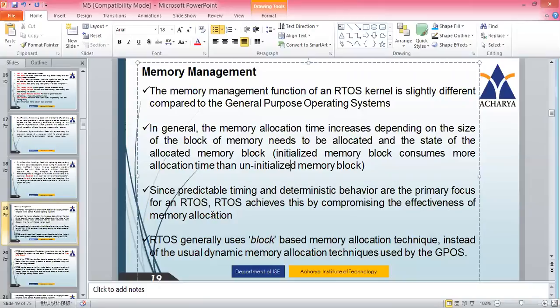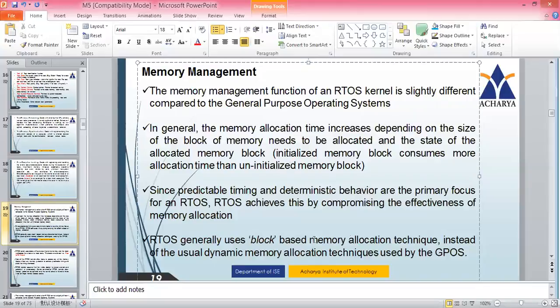Somewhere at this point of time, that process should be dumped. Whether it is an appropriate place to dump or not, whether it is the best block to be allocated, it won't check. It will just see that the process should be allocated some memory somewhere in the memory. It will not see the effectiveness of the memory allocation.